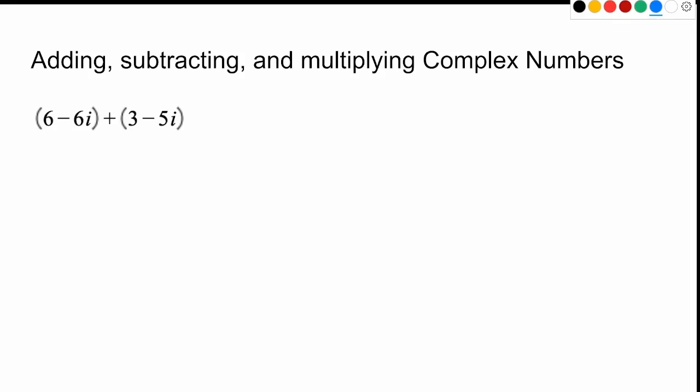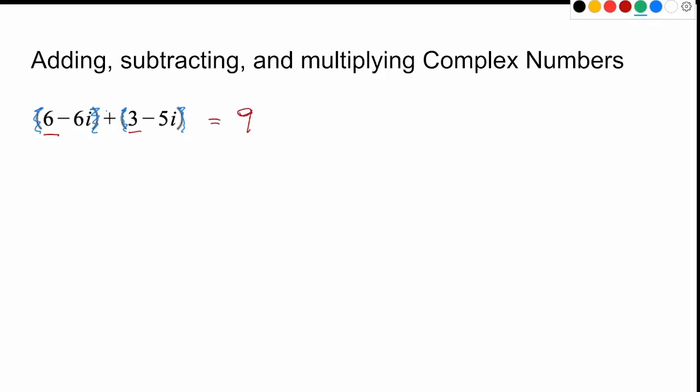Really, when we add, we can remove the parentheses. You could think of it as distributing the positive, but a positive doesn't change anything when you multiply through by positive 1. So let's remove these. And then all we're doing is combining like terms. We've got 6 and 3, and they're both positive, so we add them together, we get 9.